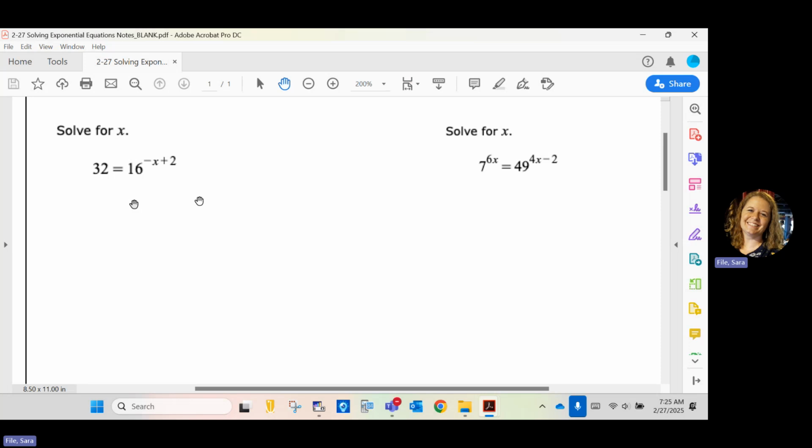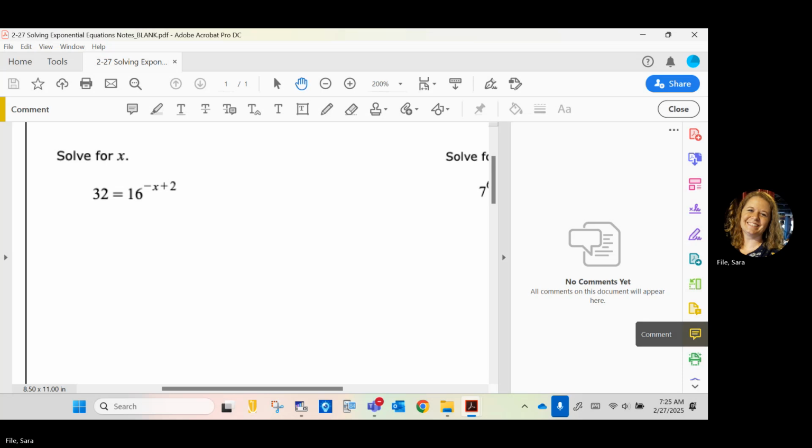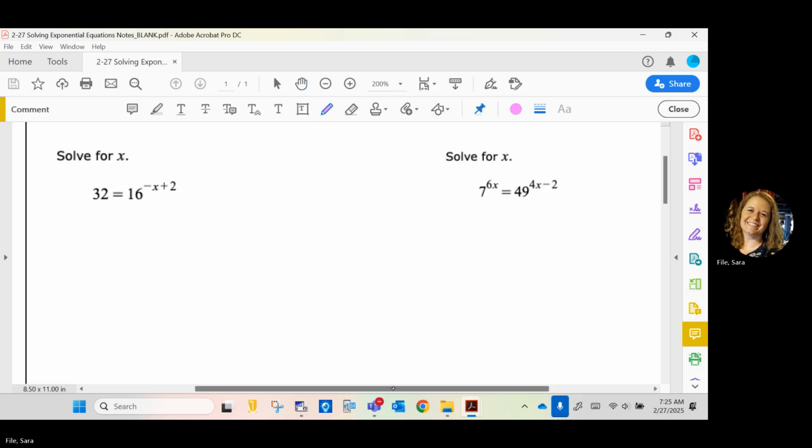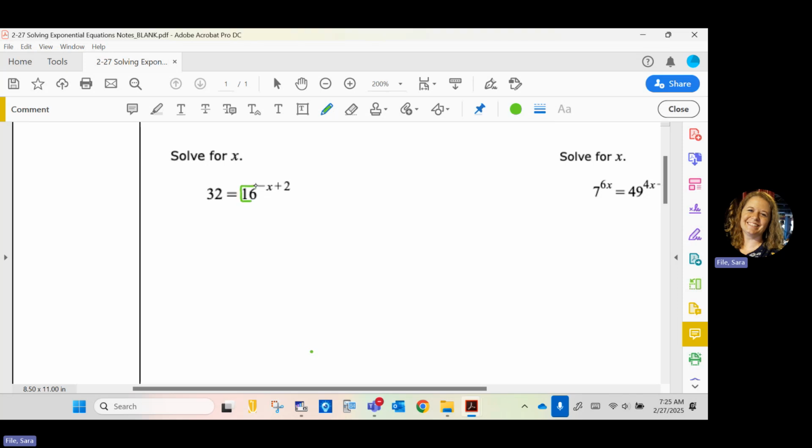So then I'm asking myself, okay, off to the side, you can jot this down if you need to. I'm going to start with the 16, the smaller value, and I'm going to ask myself 2 to what power would give me 16?